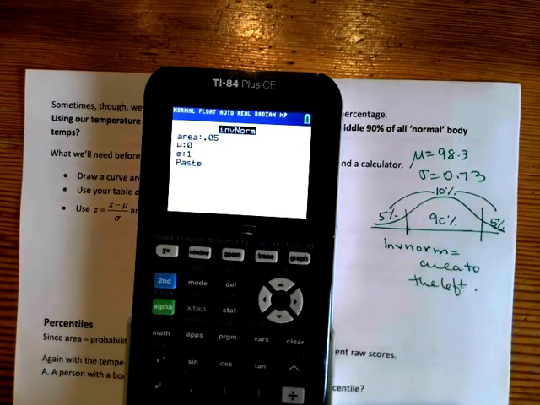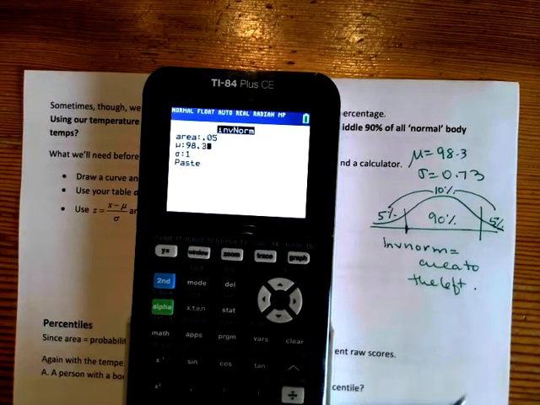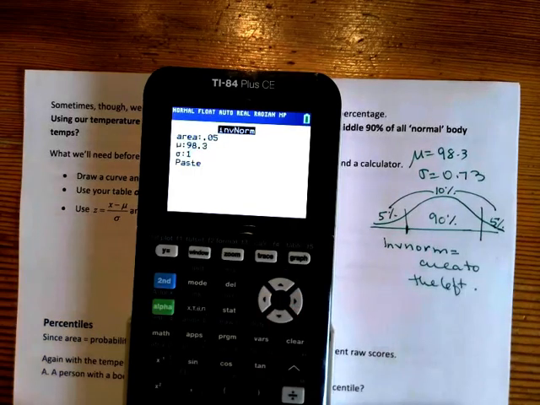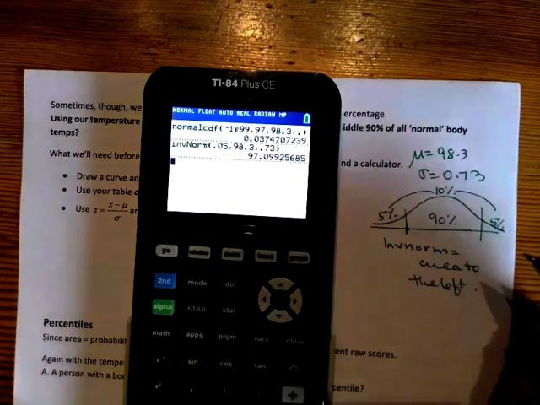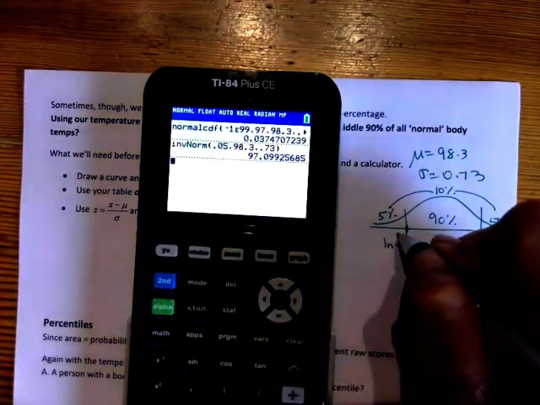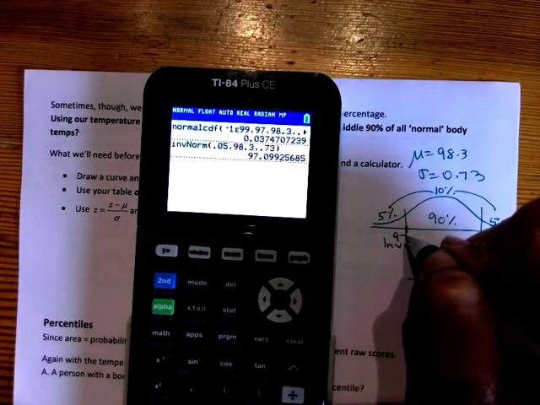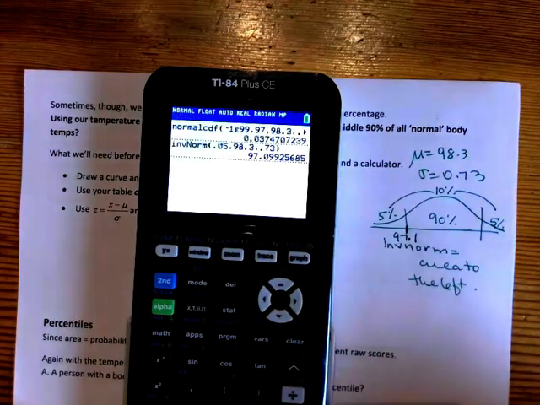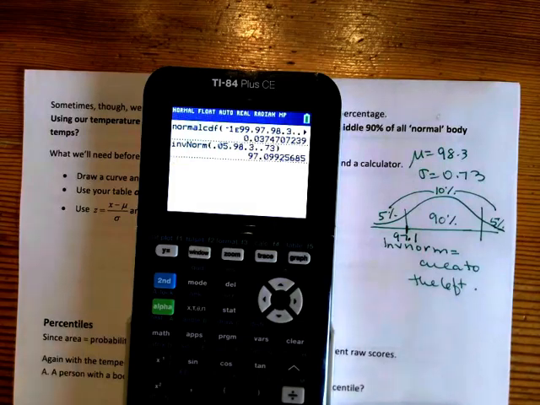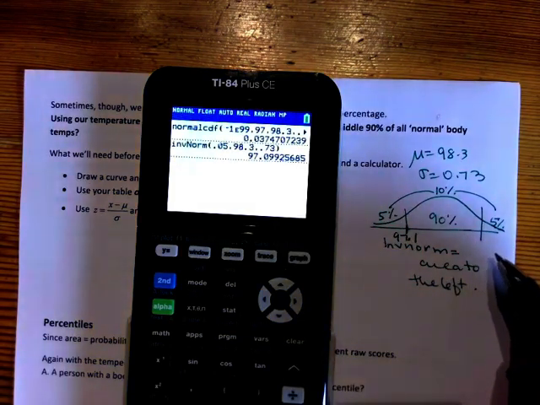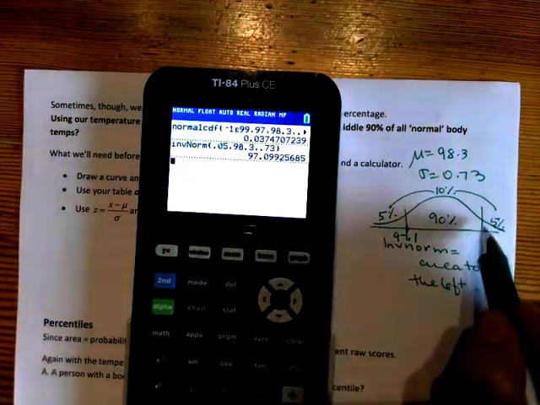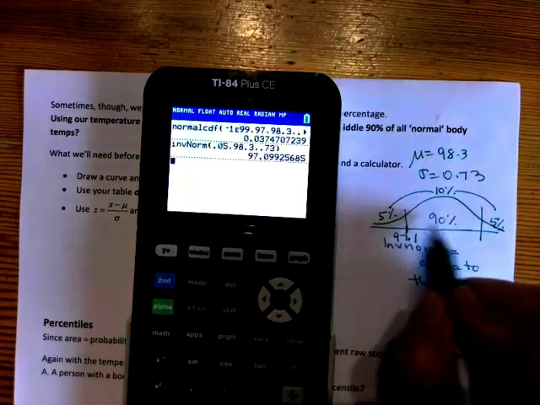And then I tell it the mean. I'm going to just give it my temperatures. I don't have to do the conversion if I'm using my calculator. Sigma 0.73, paste, paste. So that temperature on the left side would be 97.1. I'm going to go ahead and round that. Then if I wanted to find the temperature on the right-hand side, the thing that's going to change is that area value.